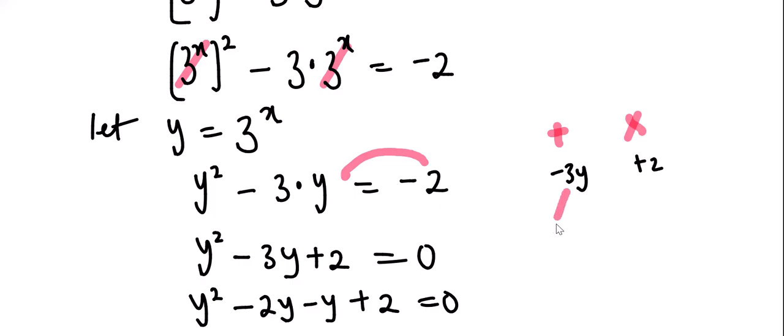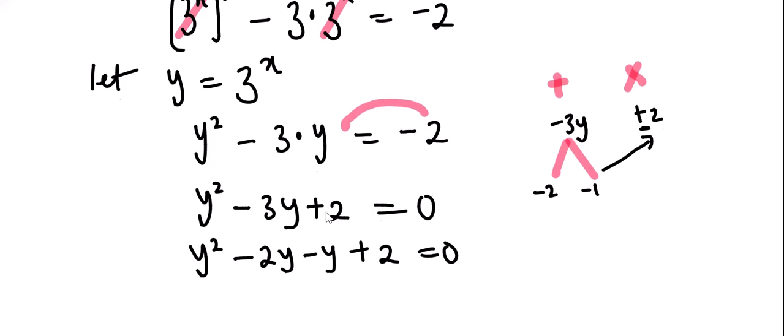So 3 can be split as 2 and 1. To get negative 3, multiplying positive 2 and positive 1 won't work, because adding positive values cannot give you negative 3. So negative 2 and negative 1 give you negative 3, and the product is positive 2. This is why I'm using this.